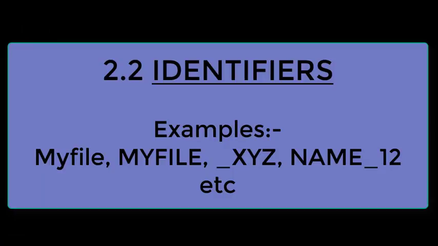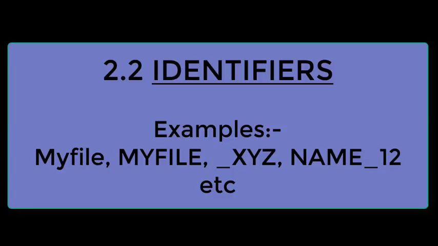Next is identifiers. Identifiers are fundamental building blocks of a program and are used as the general terminology for the names given to different parts of the program, which are variables, objects, classes, functions, arrays, etc. An identifier is an arbitrarily long sequence of letters and digits.